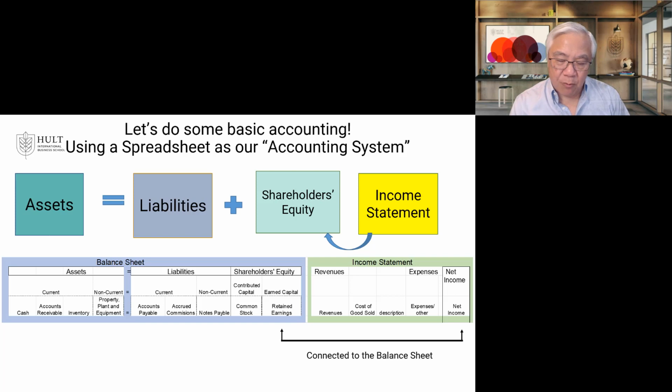And then that one total of net income goes from the income statement and updates the retained earnings account inside the balance sheet. So now we have combined the accounts that are either affecting the balance sheet or the income statement, and then our accounting system on a spreadsheet now has integrity, right? Now we have something that could actually function like a real accounting system.